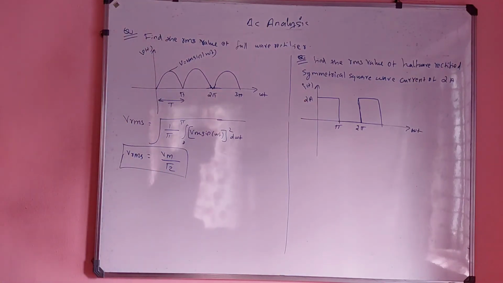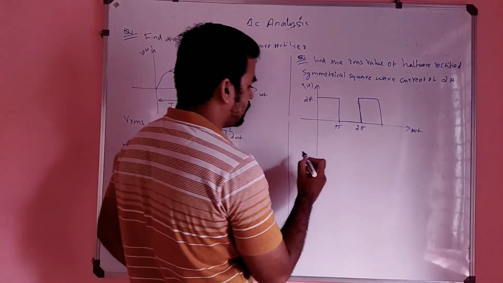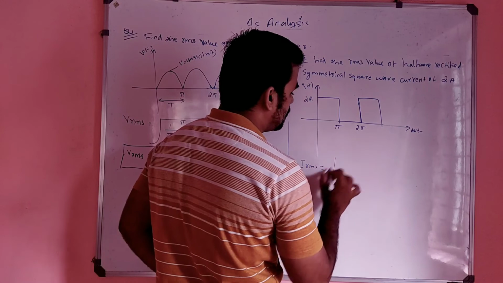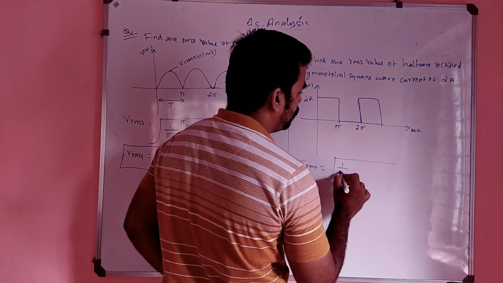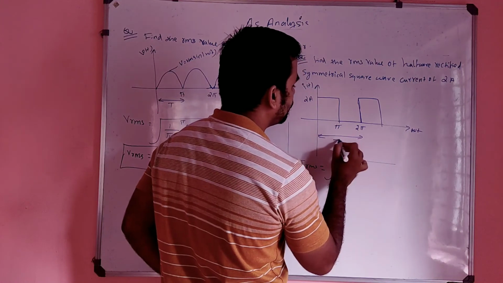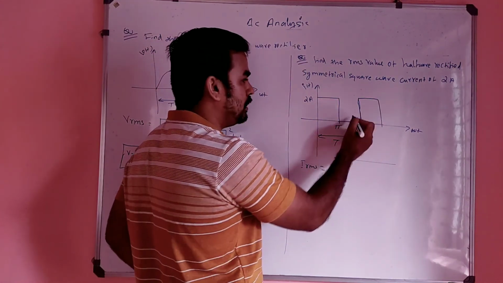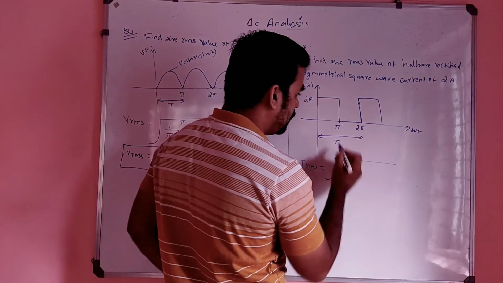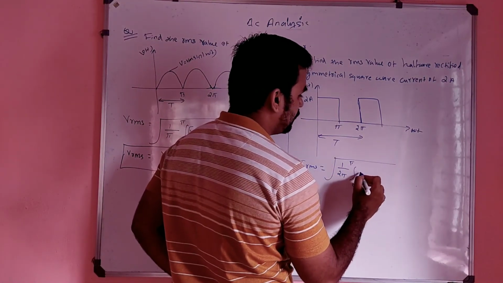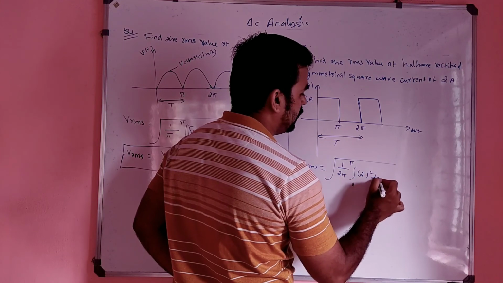IRMS will be equal to root of 1 by 2 pi, there is no change in time period. This is the time period because the wave is repeats from here to here. The integral is from 0 to pi of 2 square d omega t.